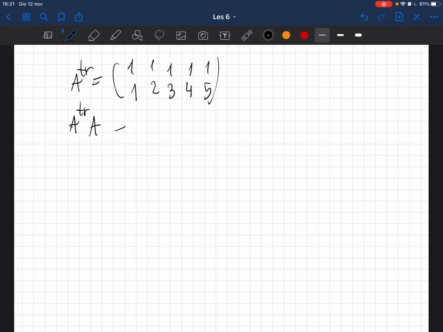If you make this product here, it's actually just a 2 times 2 matrix.